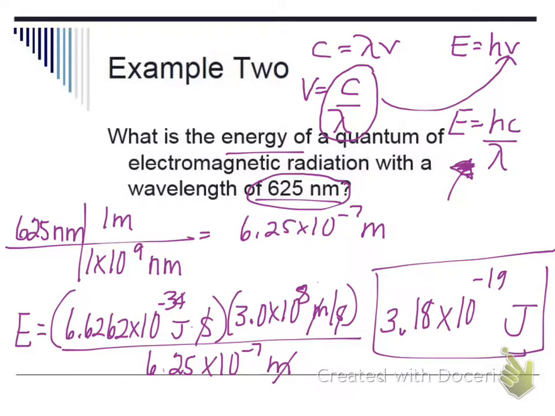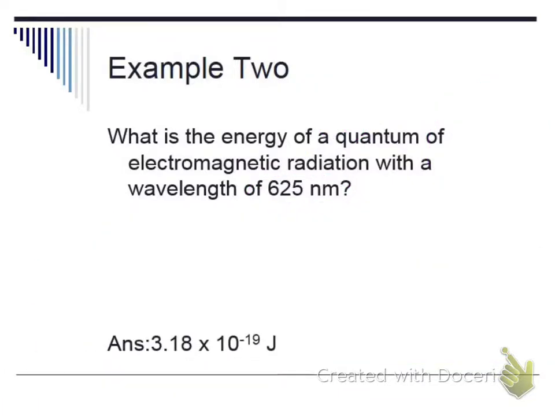Like I said, if you don't like that equation, you could have solved for frequency because you have a wavelength, and then plugged it in and solved for energy. All right, so let's go on to now the electromagnetic spectrum, which you need for your homework. And looky there, we got the right answer.